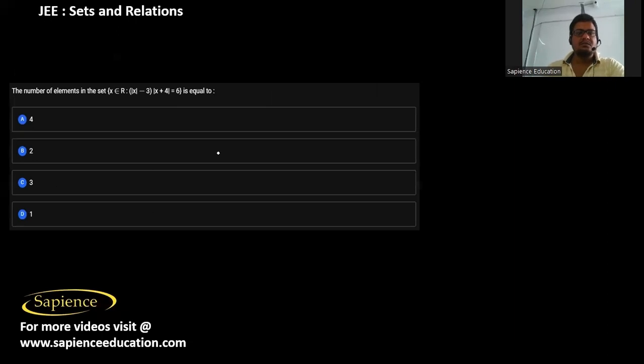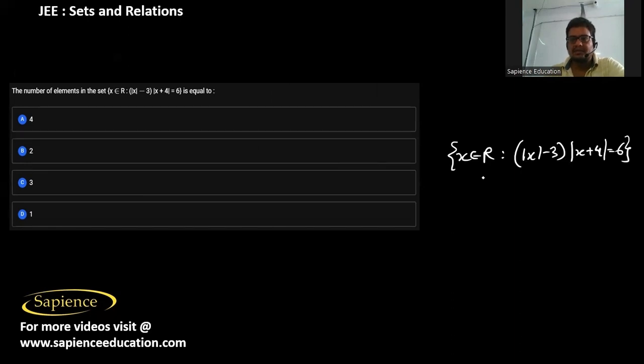Then here it is told the number of elements in the set x belongs to R such that mod x minus 3 into mod of x plus 4 is equal to 6. So here we can take 3 cases, since here the sign will change at x equal to 0, and here the sign will change at x equal to -4.